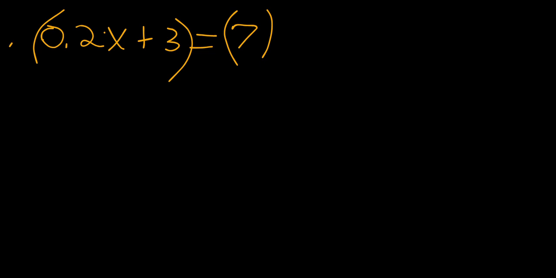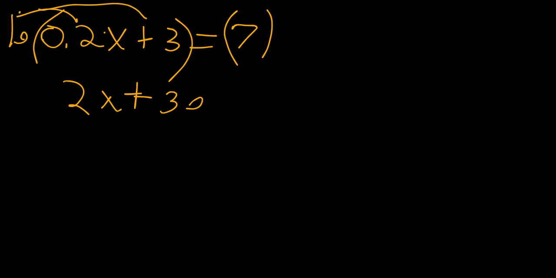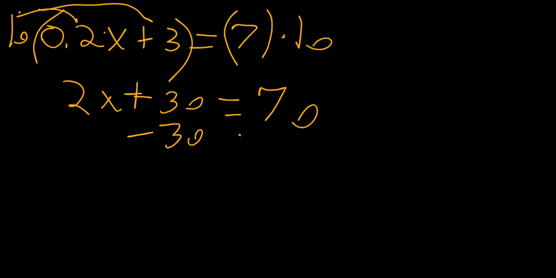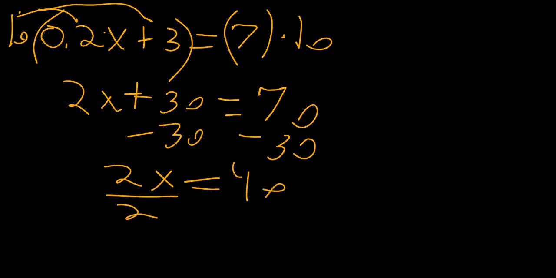Remember, that's why we're multiplying by powers of 10. That would be 10. This becomes 2x plus 30, because we distribute this 10 onto both, equals, we have to multiply both sides by 10, 70. We would subtract 30 from both sides, and 2x equals 40. And then we simply divide both sides by 2 to get x equals 20.